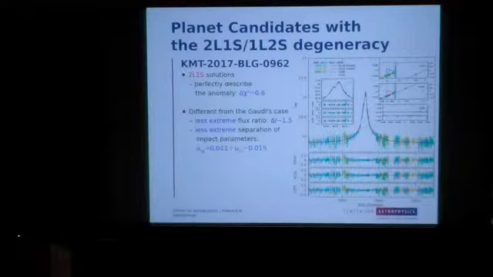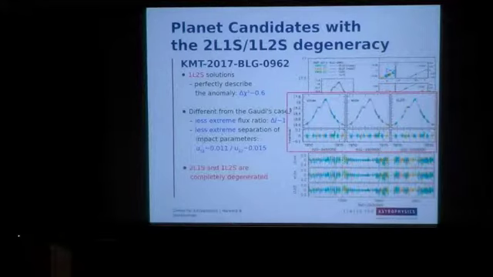Also, I found a binary source solution, but in this case, delta chi-square is less than 1. Another important point, the binary source solution also has a less extreme flux ratio and less extreme separation between the sources. As you can see, we cannot distinguish between all the models. It means the delta chi-square is less than 1.